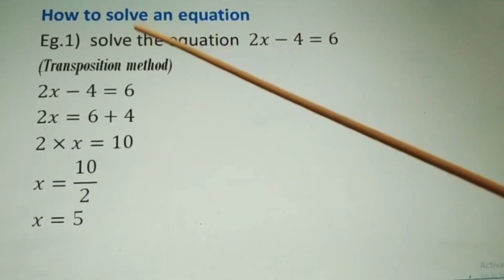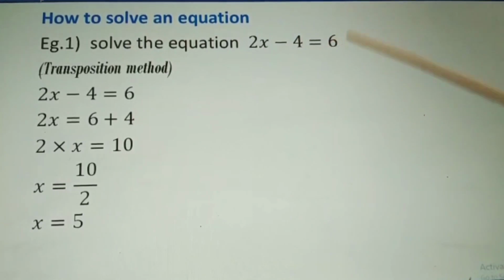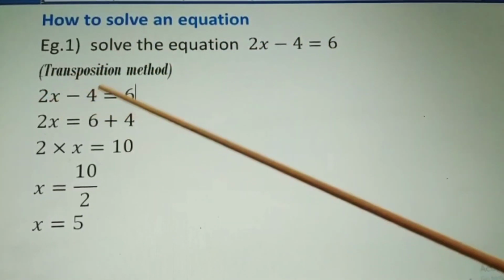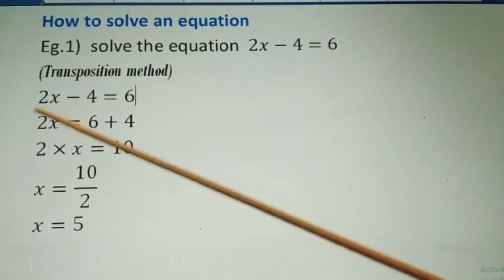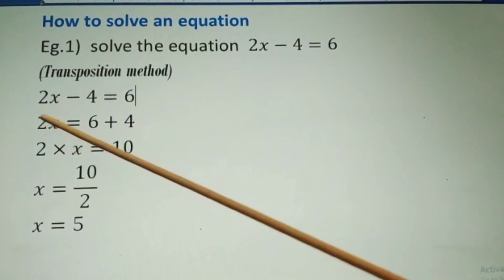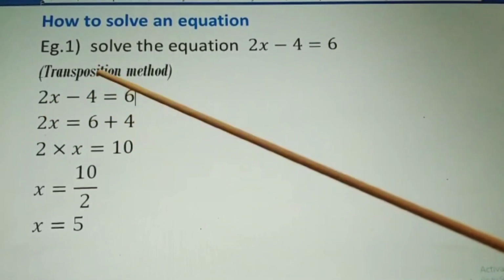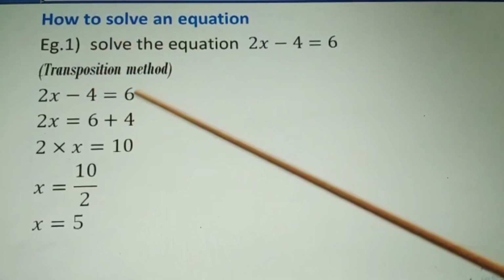Next, we can solve an equation. 2x minus 4 is equal to 6. Using transposition method, we can take alphabet term in left side of equal sign, that is 2x. 2x is equal to 6. From left side, minus 4 will become in right side plus 4.